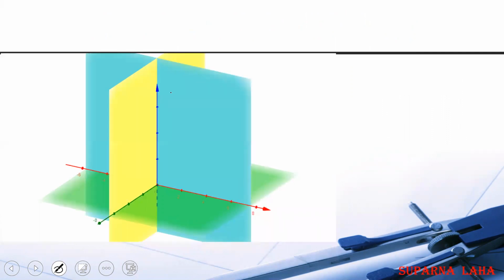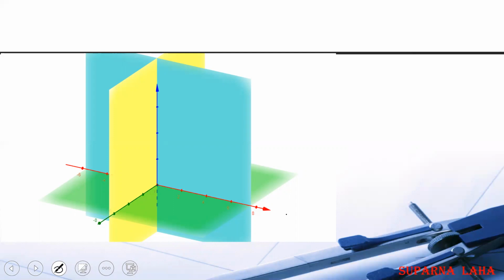These planes intersect each other at a straight line, and this straight line represents the axis. Like for two-dimensional geometry, there are 4 quadrants, here there are 8 chambers called octants.